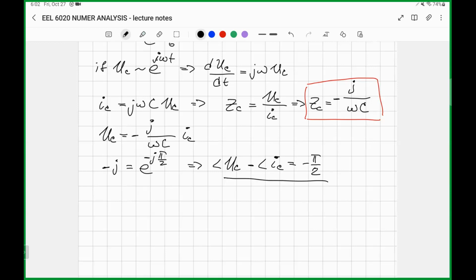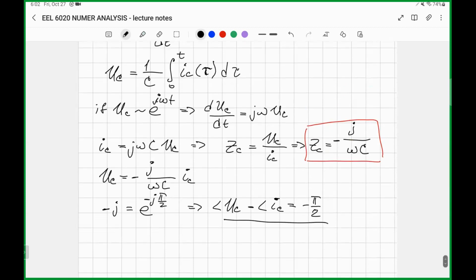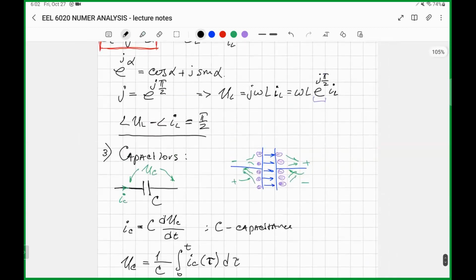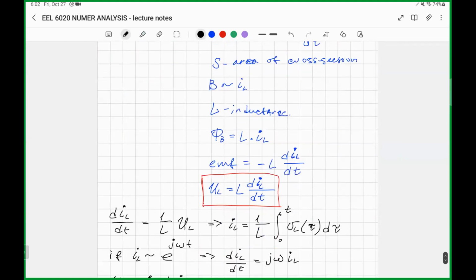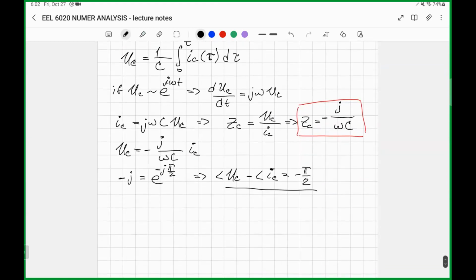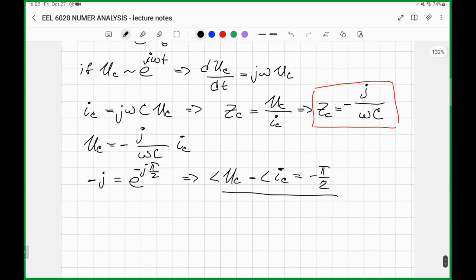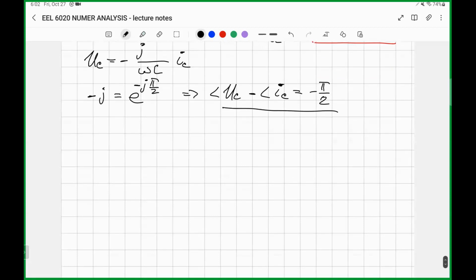Minus pi over 2. So this is for the capacitor, inductor, and resistor, the lumped elements. For the circuit, of course, we also need a power supply or source, and this power supply can be DC, denoted by an element like this, the DC power supply in a circuit.